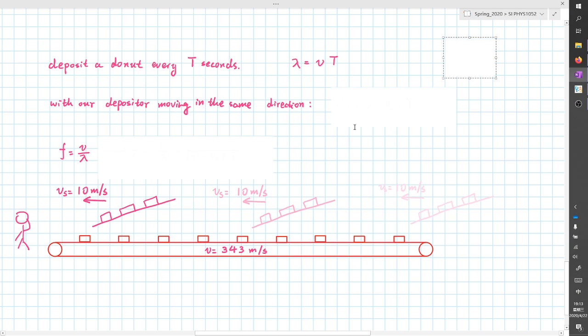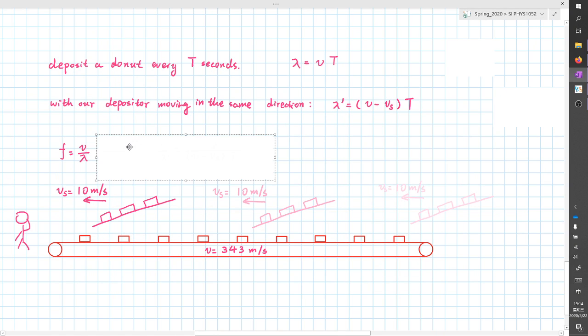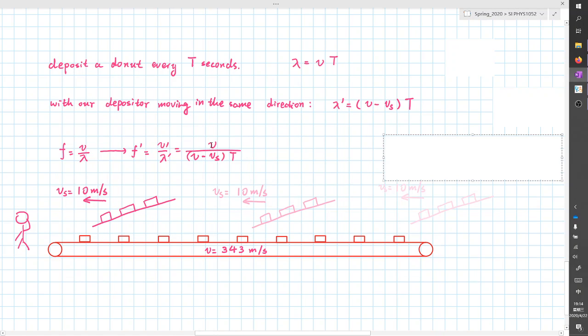So the new lambda prime is v minus v source, times the same t. Plugging lambda prime into the equation, we get f prime equals v over v minus v source, times t.